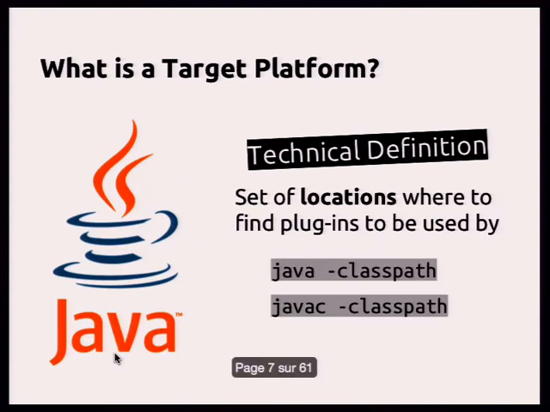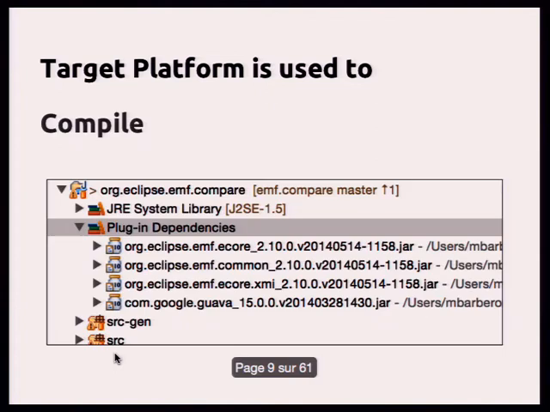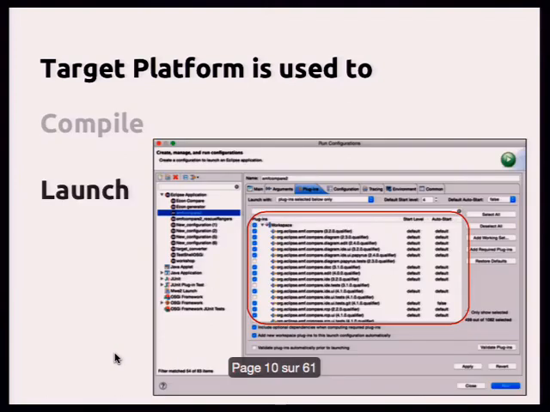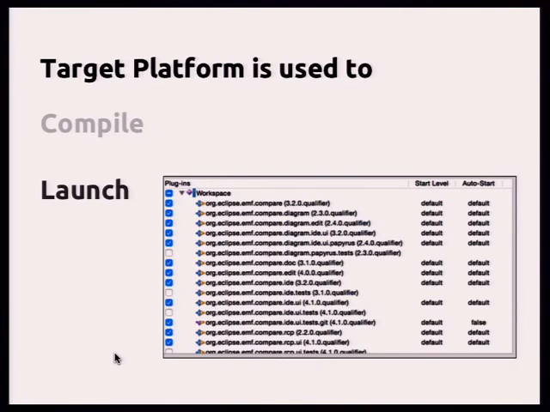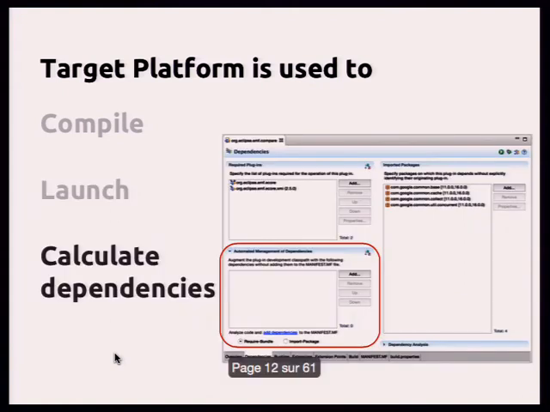It's basically the thing that is used to define the build path and the class path when you run something in Eclipse. This target platform is used for compiling, so it's what is used to compute the plugin dependencies of your plugins. It's also used to define the set of plugins that you will launch when you run a runtime within Eclipse.